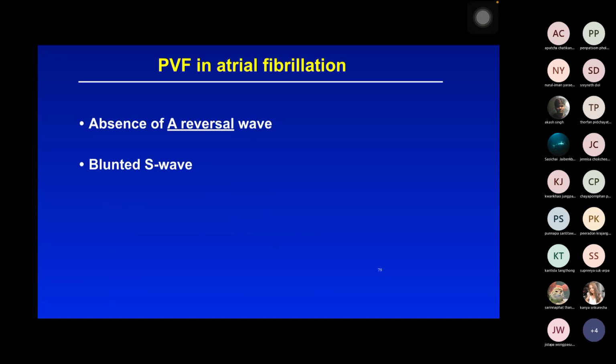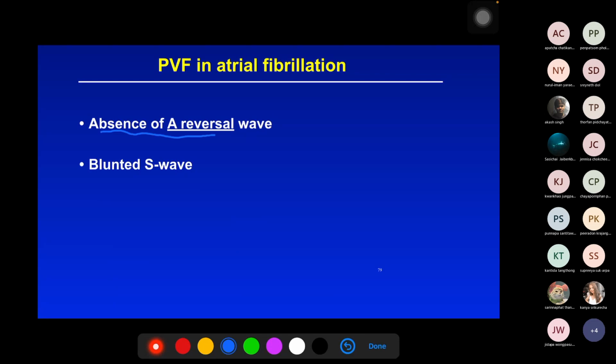So in the patient with atrial fibrillation, there is loss of atrial kick. So in the pulmonary vein Doppler in atrial fibrillation, the A reversal wave should be absent, because there is no P wave on the ECG and no atrial kick physiologically.